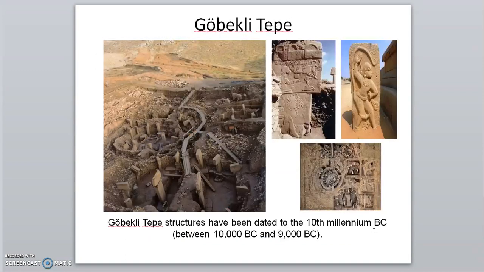So, excuse me, other recent sites have been found, recently in Turkey that do give evidence to sophisticated societies that were able to build pretty sophisticated stone structures. And these are definitely dated 10,000 BC, 9,000 BC.